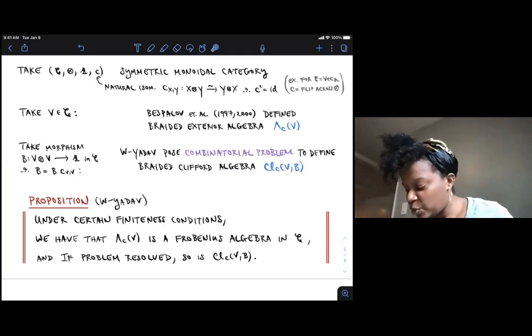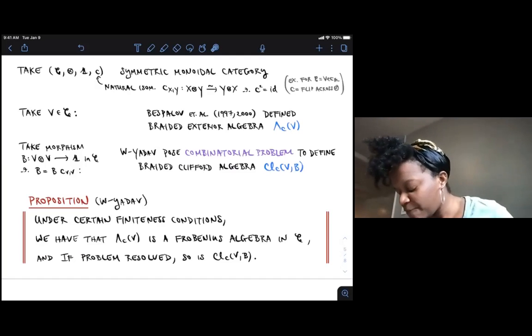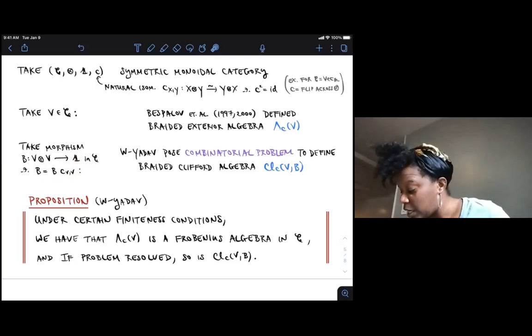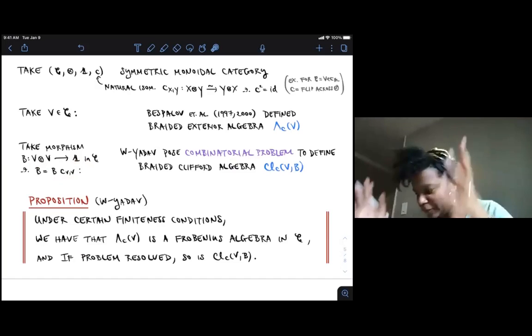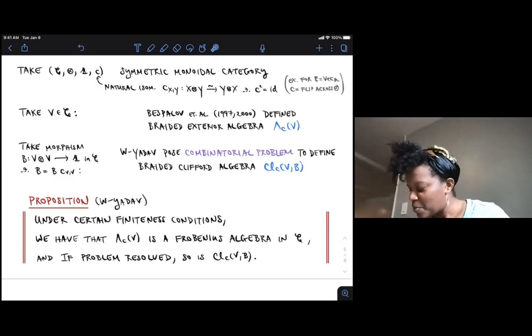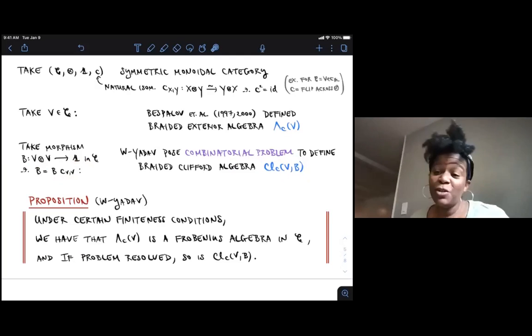But what you would do is you would take a form on V tensor V so that it's symmetric in the braided sense. We use some combinatorics with shuffle products, and again, we have a sketch in the paper of how to do this. But once you attack the problem, you have the definition of a filtered deformation of this braided exterior algebra given by the braided Clifford algebra, and you get that these algebras are Frobenius.